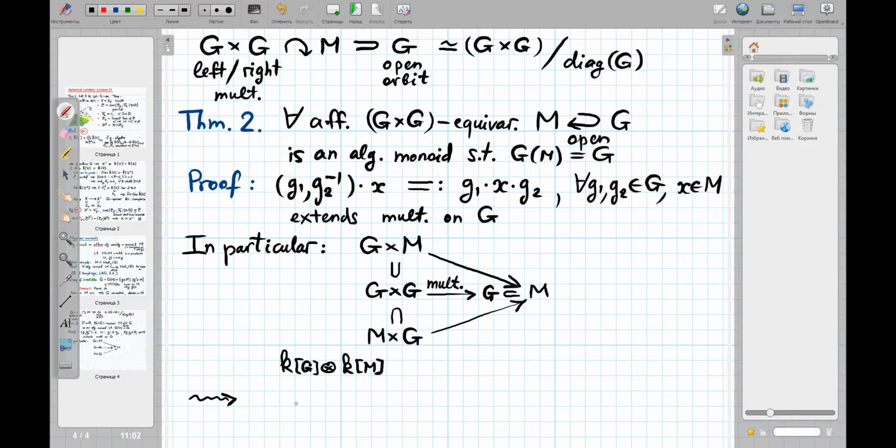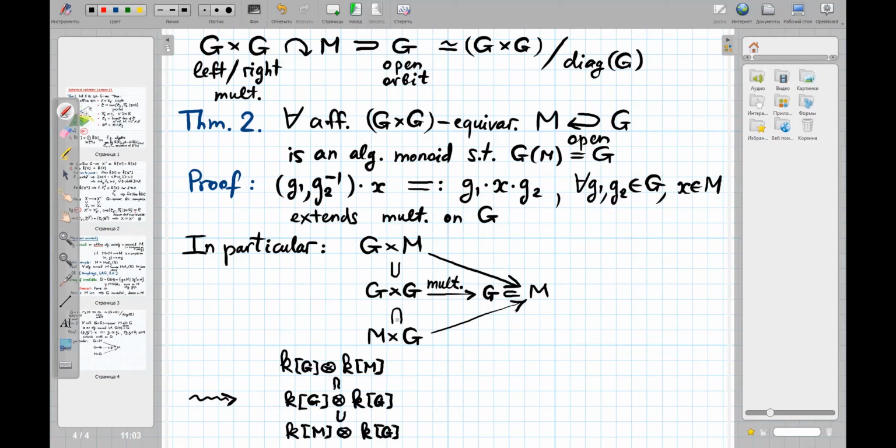And similarly, we have K of G tensor K of G, and here we have K of M tensor K of G, with the obvious inclusions here and here.